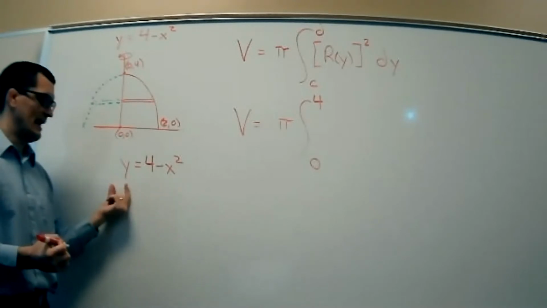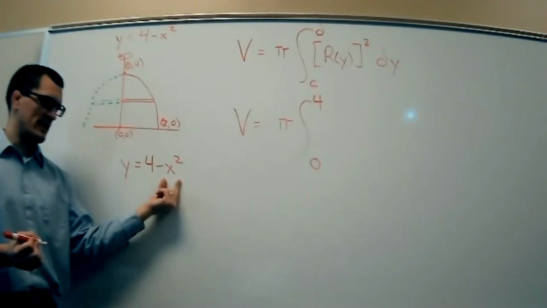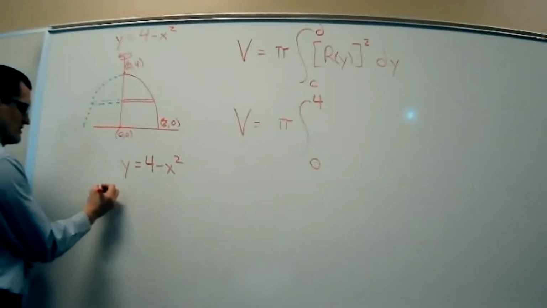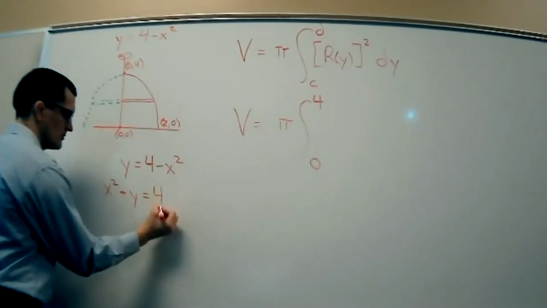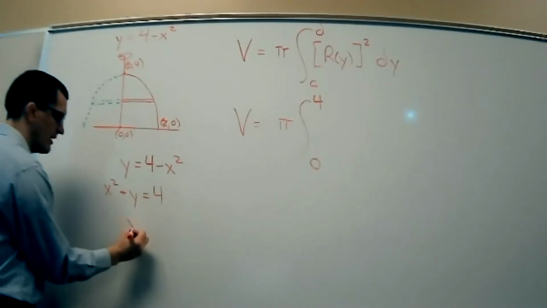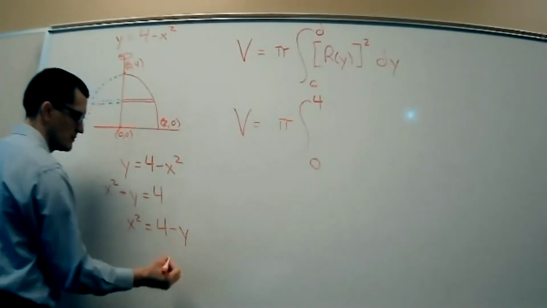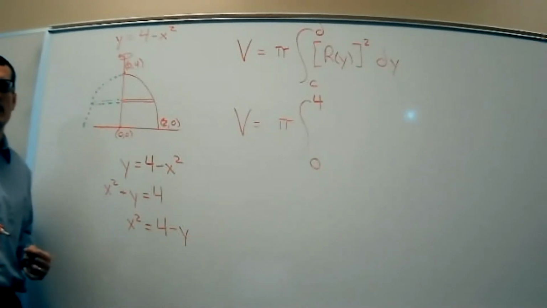We want x as a function of y. So essentially, I want to solve this for x. If you add x squared to both sides, and then subtract y, you get x squared equals 4 minus y.